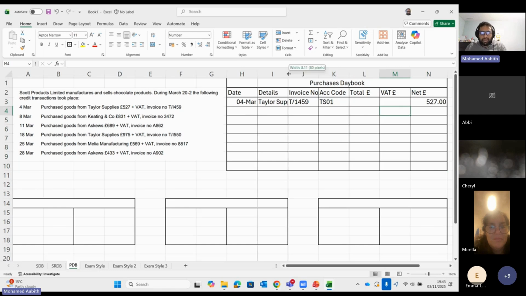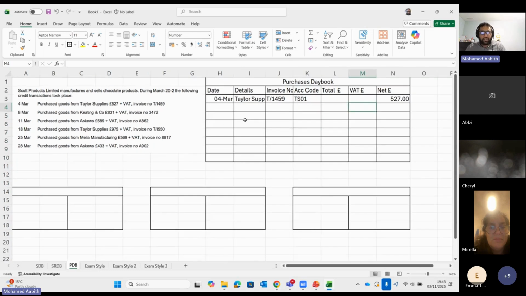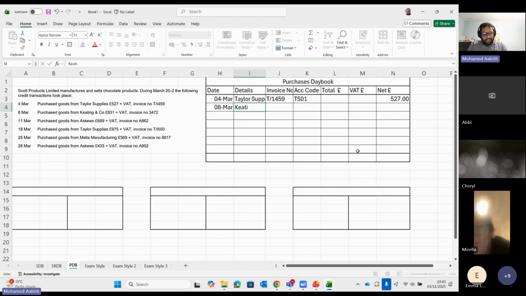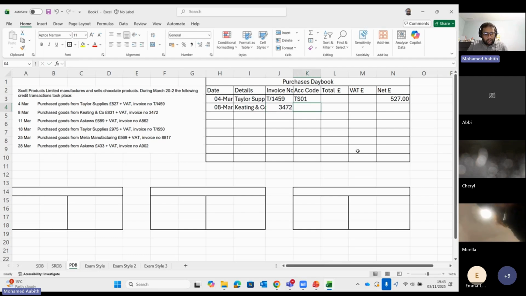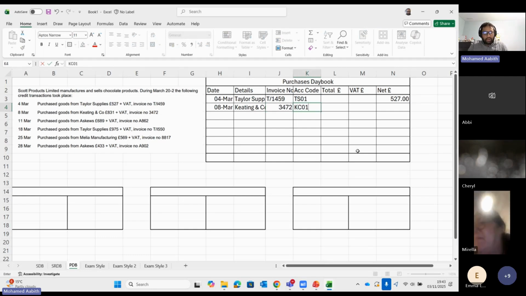The next one is 8th of March. We have from Keating and Co, invoice number 3472, Keating Co, KC01, and the amount is £831.